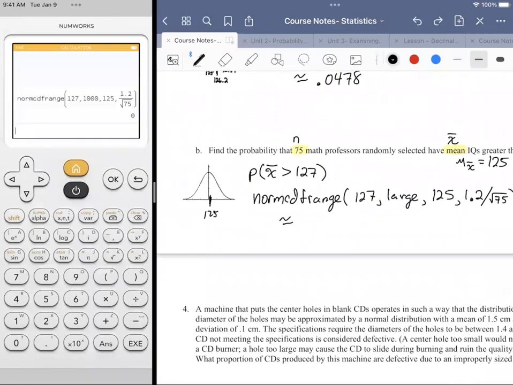It's going to say 0. It's not really 0. It's just practically speaking 0. So it's saying that the probability is so low that it would be virtually impossible. So we would say that this is virtually 0, and therefore, virtually impossible.